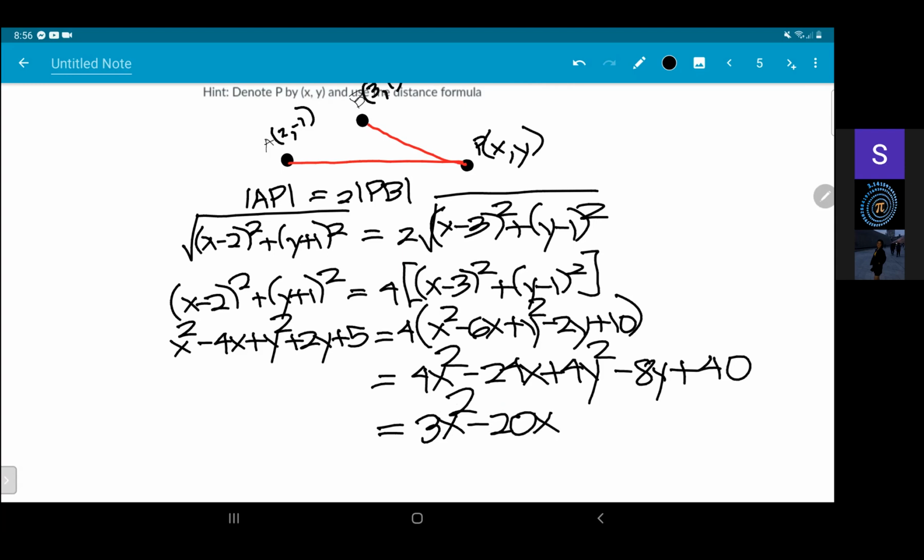Please message me if there's something wrong with the equation. And then 3y squared, 2y becomes negative 2y, then y. And then 40 transposes to the other side, 5 minus 4.